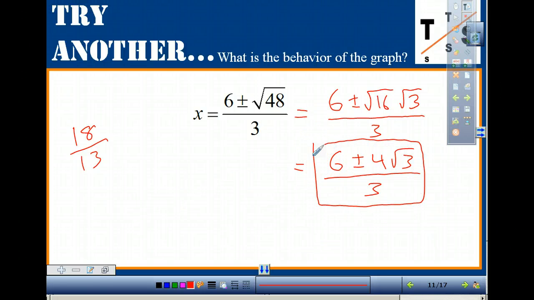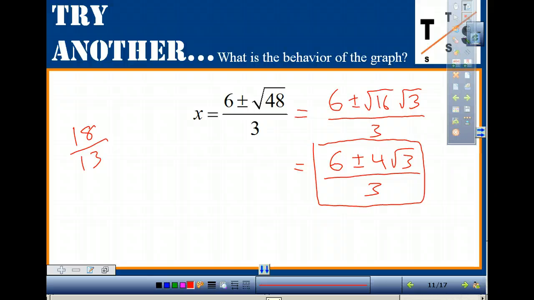So part of reducing is knowing when it does not reduce. You're not going to try to force everything to be reduced. We're definitely not going to cancel out anything in the radical with a regular number, because if you put this in the calculator, it's like 1.7. You can't cancel out 1.7 with a regular 3. It doesn't equal 1. So we can't cancel anything inside the radical. So knowing when to reduce and when to just leave it alone is important.